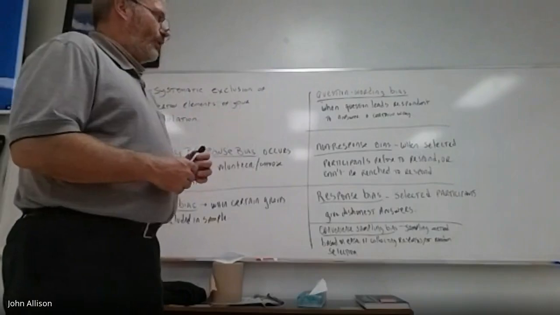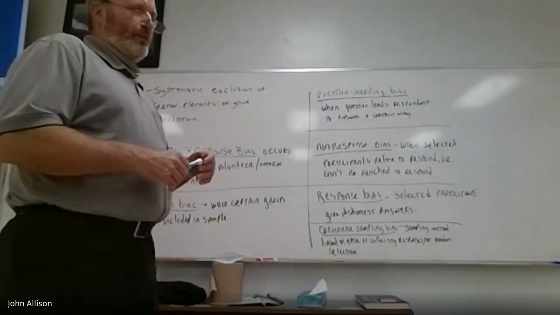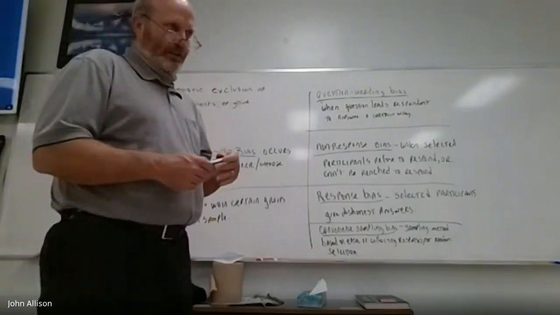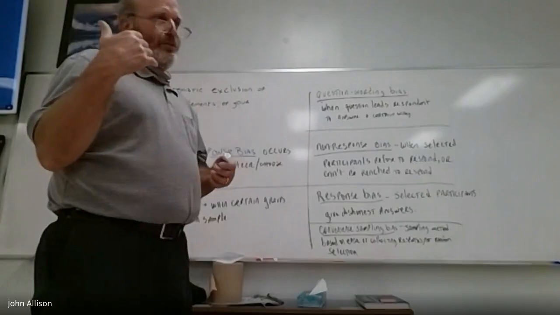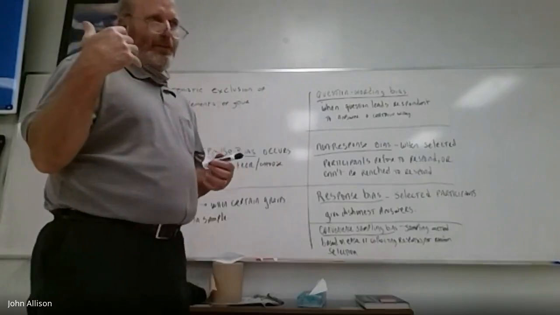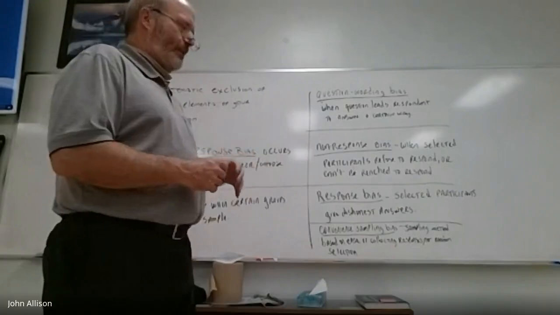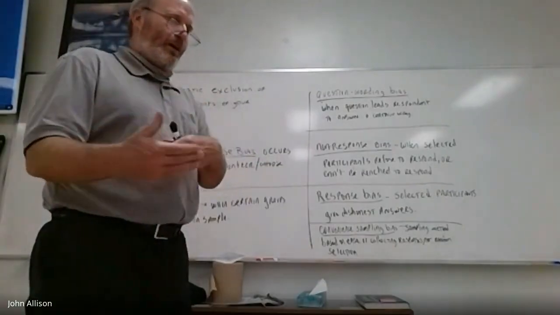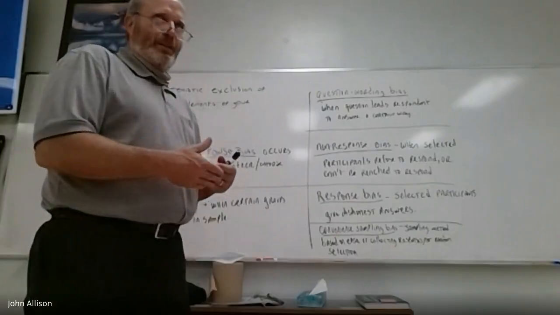Non-response bias would occur when participants refuse to respond. If you've ever answered the phone and had a telephone poll being conducted, somebody says, hey, we'd like to talk to you about who you're going to vote for in November. A lot of people just hang up. That would be an example where we get non-response bias. The people who hang up may share some common characteristic where they tend to vote a certain way.